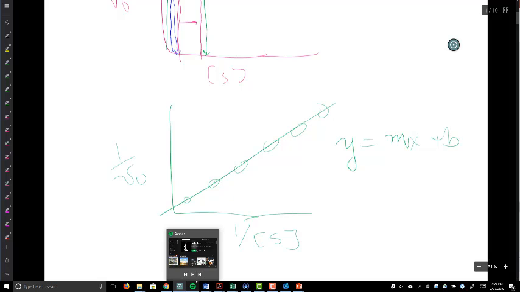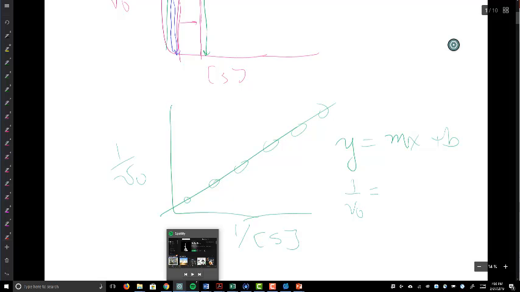Right. So our y is going to be 1 over v naught. What's our slope equal to? Okay, let's see. So what's our x? Our x is 1 over substrate.